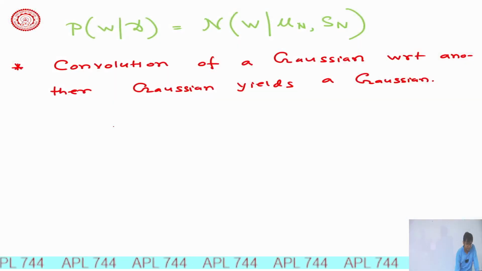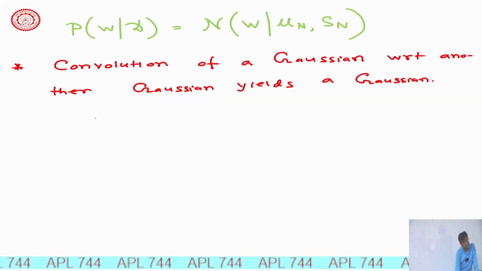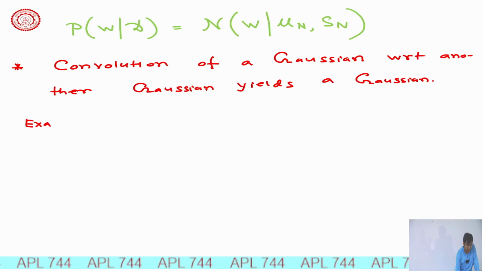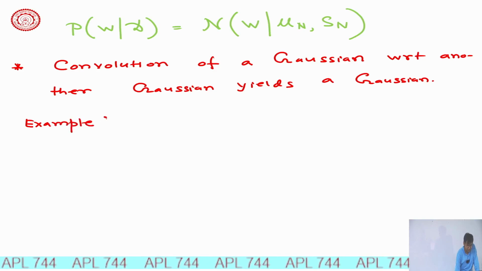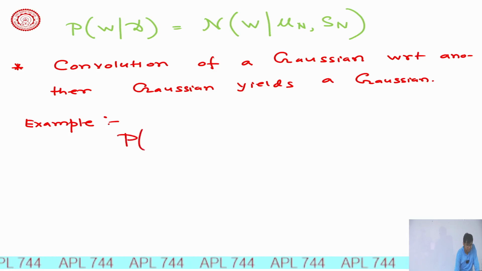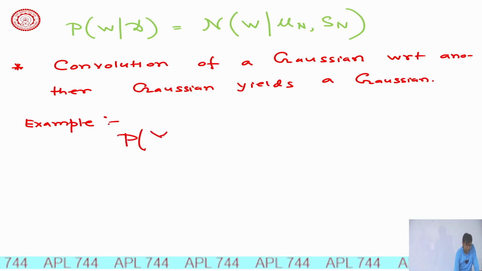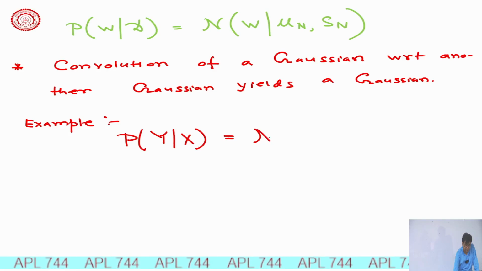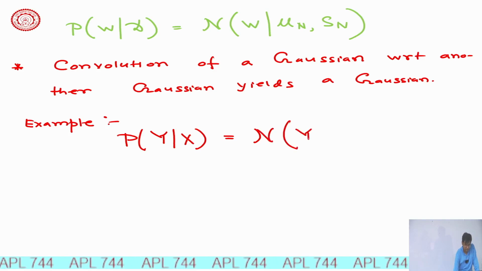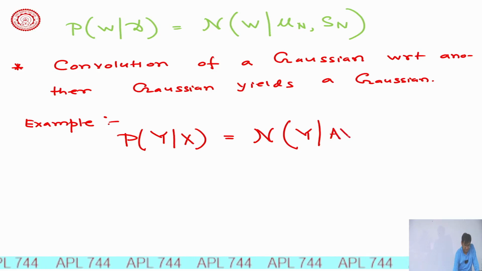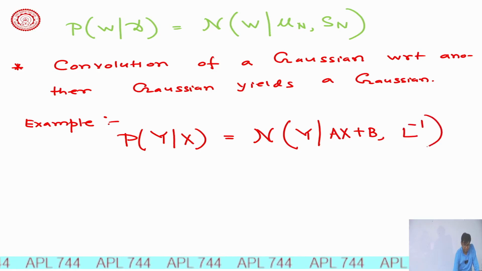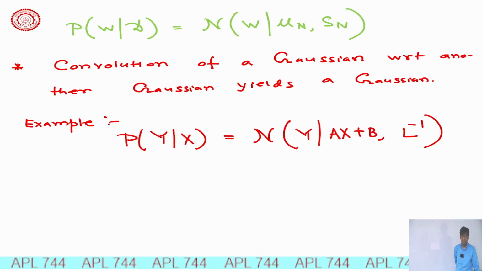So, suppose, let us take Y given x. This is not an example actually, this is a generic case. Suppose I have probability of capital Y given x and I know that this is a Gaussian of y given A x plus b comma L inverse, okay, where A is a matrix, x is a vector, we are doing multivariate.